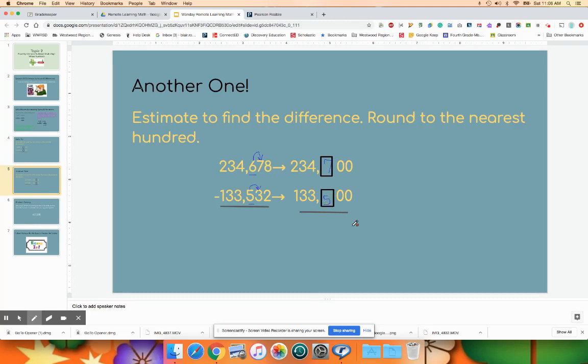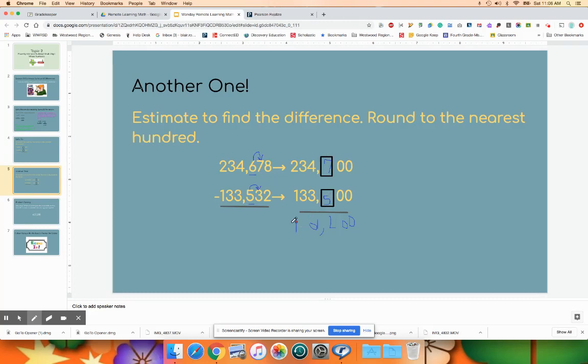Let's do some subtraction. 0 minus 0 is 0. 0 minus 0 is 0. 7 minus 5 is 2. Don't forget your comma. 4 minus 3 is 1. 3 minus 3 is 0. 2 minus 1 is 1. 101,200. So notice, remember that concept I was talking about before?